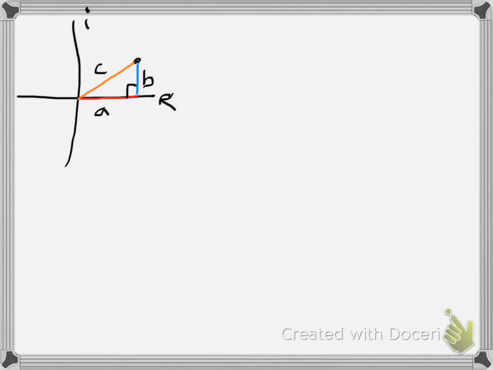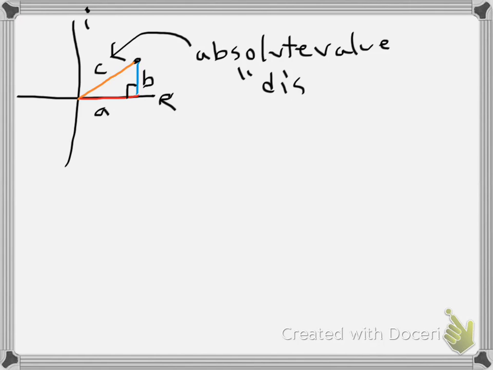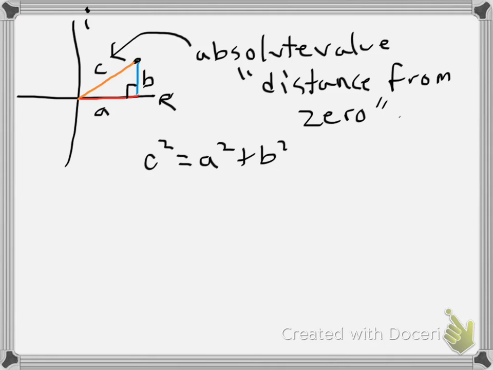Remember, this is the absolute value, which is the distance from 0. So I'm going to use c squared equals a squared plus b squared, so c is the square root of a squared plus b squared.